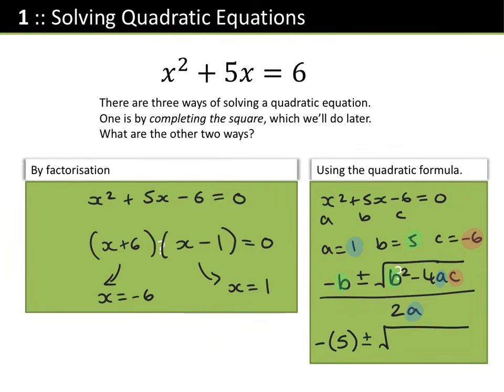Plus or minus the square root of 5 squared minus 4 lots of A, which is 1, C, which is minus 6, all over 2 bracket 1. We're going to get answers of minus 6 or 1. Alternatively, use your calculator. Go to the function that says equation and type in your A, B, and C, and you will get those answers, okay?